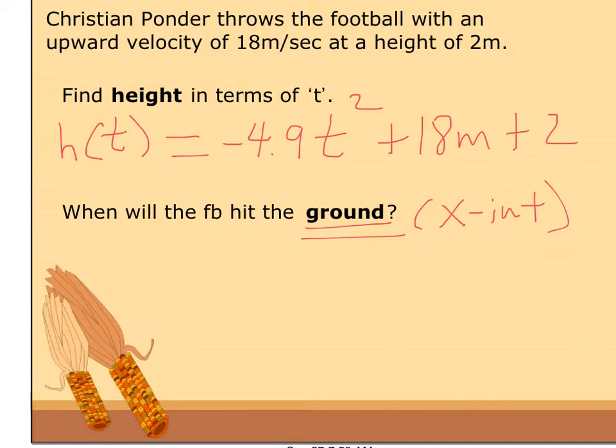Now we have a couple of different options to find x-intercepts. We could factor, though that does not look promising here, even though that's typically my first choice because it's usually the fastest and most efficient. With negative 4.9, we have not practiced once how to factor a quadratic that has a decimal coefficient, and we're not going to start now.